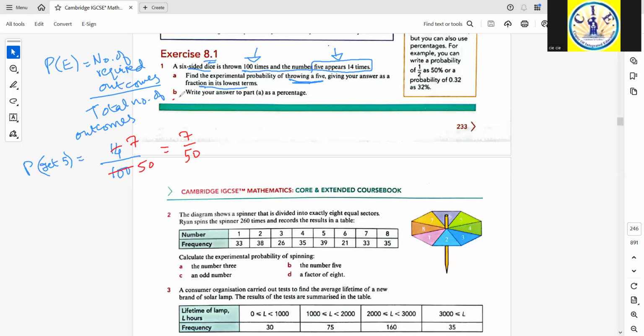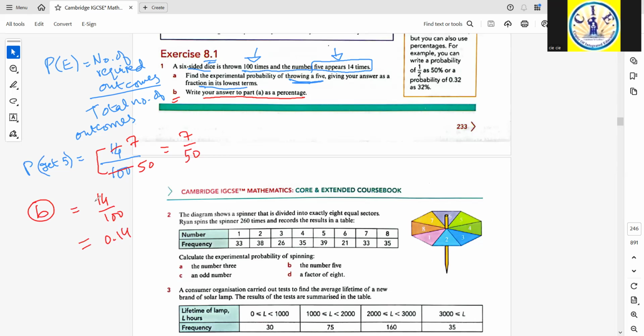Okay. In part B, it is required to write your answer to part A as a percentage. For percentage, we need to have the denominator to be 100. So let the probability be written in this form, which was 14 by 100. So 14 by 100 is actually 0.14.